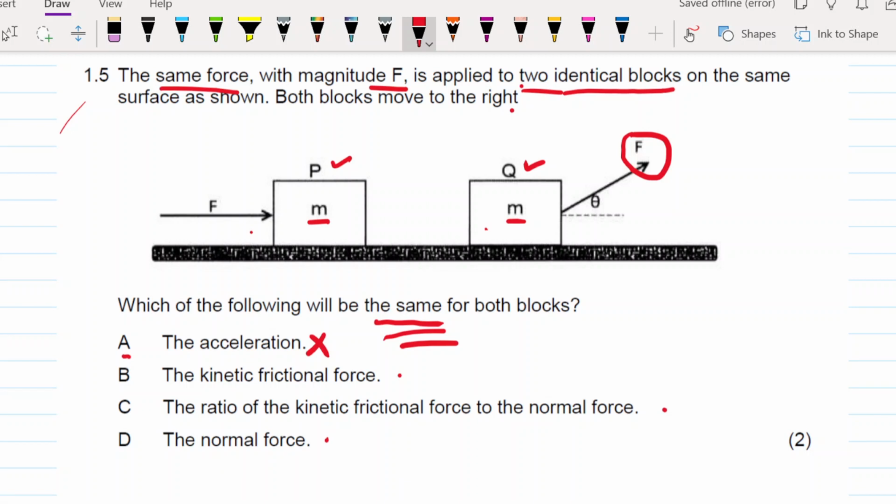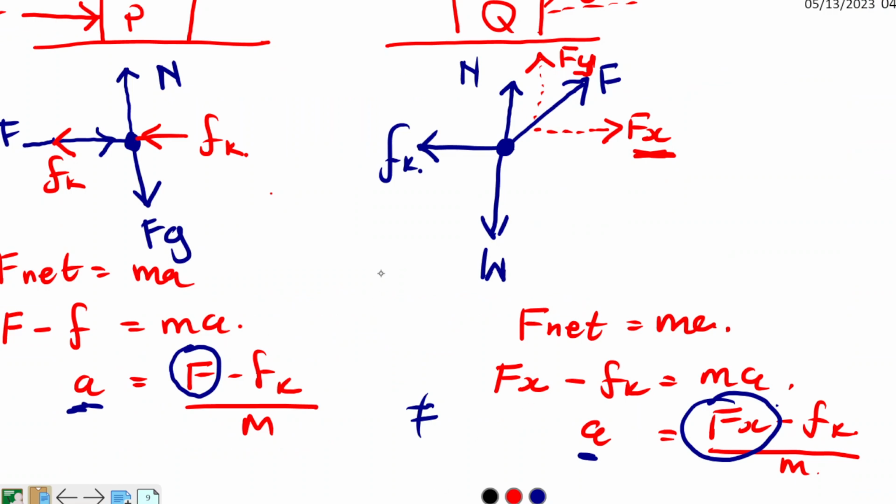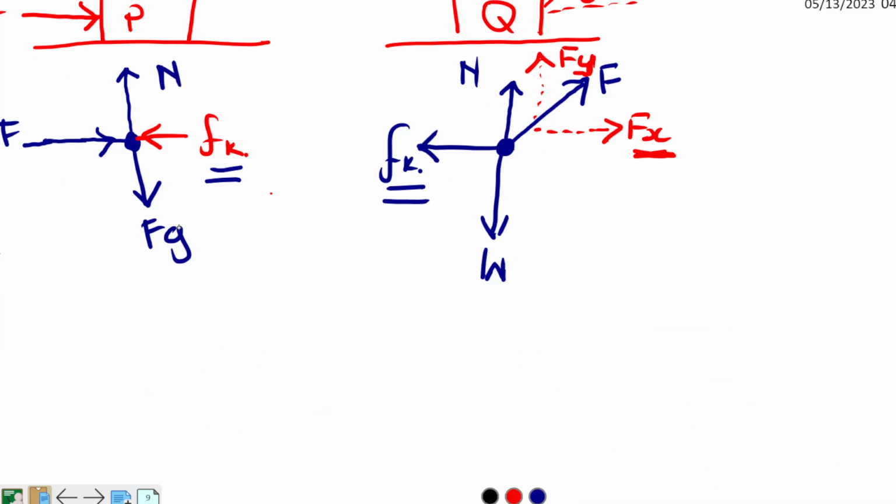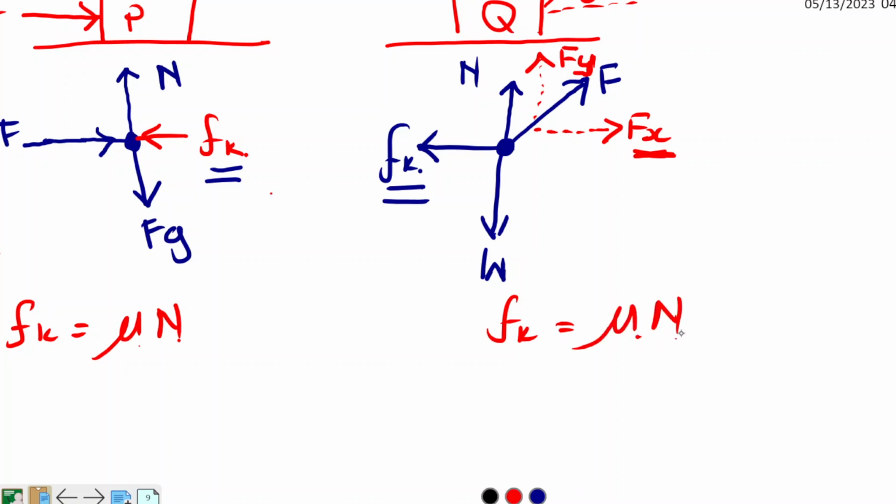Now let's look at B, which is the kinetic frictional force. Is this kinetic frictional force going to be the same as that kinetic frictional force? Let's use the same example. The kinetic frictional force has a formula: the kinetic coefficient multiplied by the normal force.